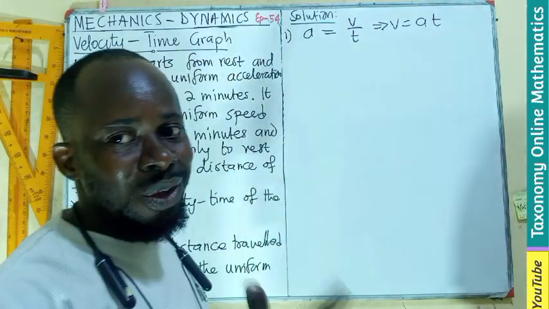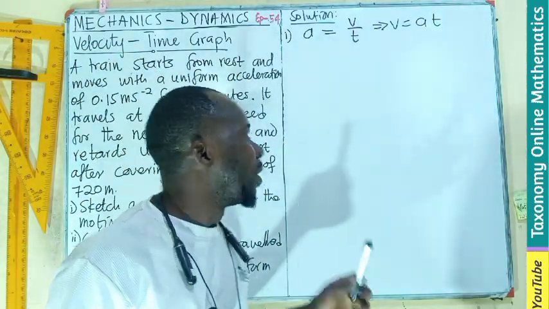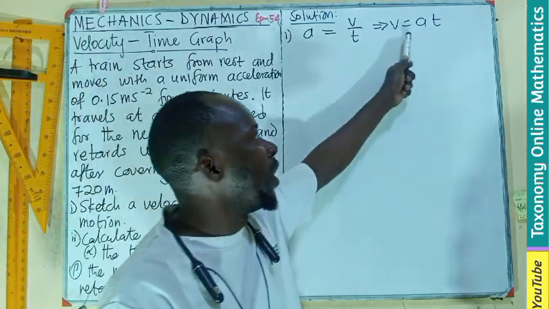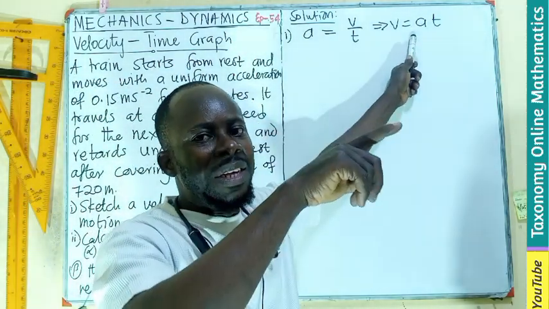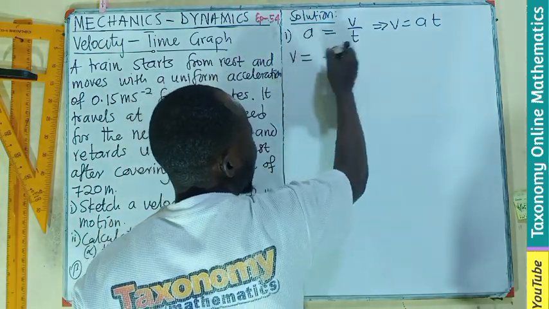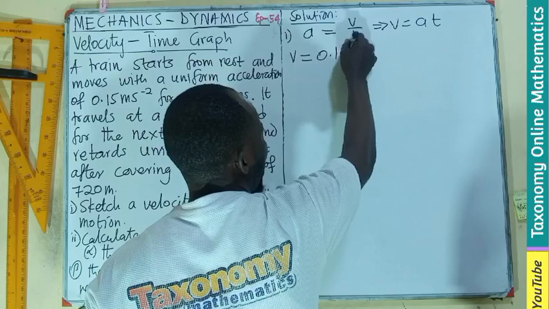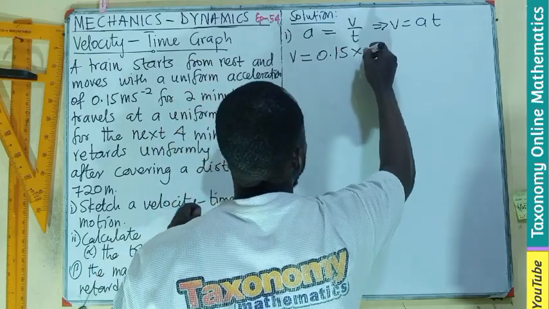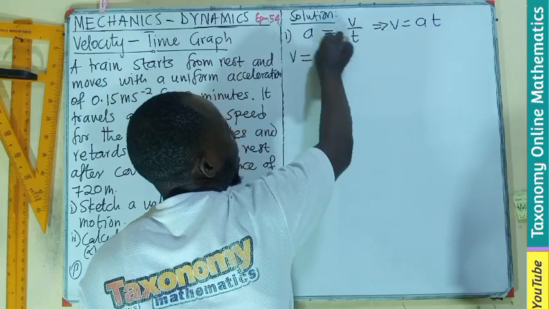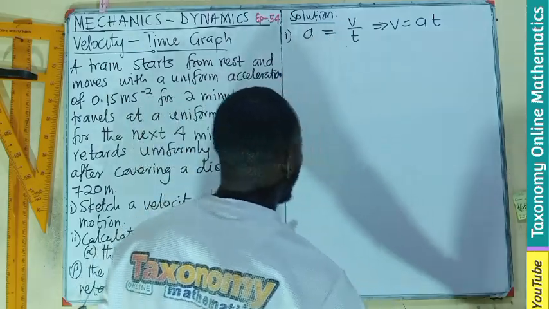Or better still, I can use the first equation of motion where I know that the initial velocity is going to be zero. So v equals u plus at, where u is zero. So the velocity we are looking for is going to be the acceleration of 0.15 times the time, where the time is in minutes.